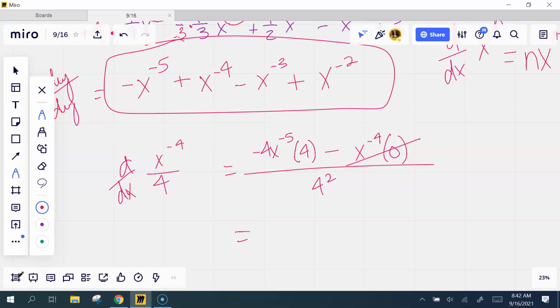This is 0. 4 times negative 4 is negative 16, x to the negative 5th, over 16, which would be negative x to the negative 5. Thank you. Other questions on your homework?